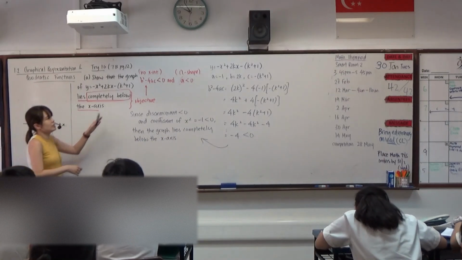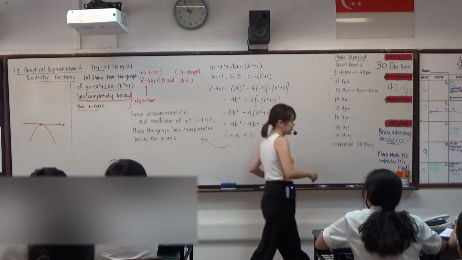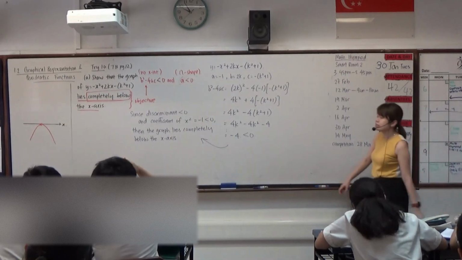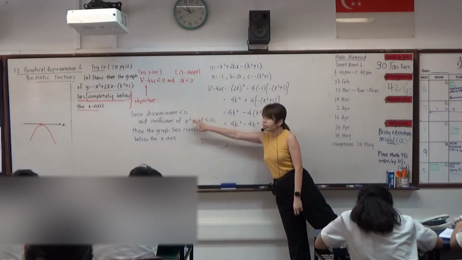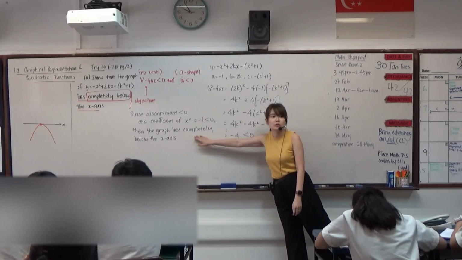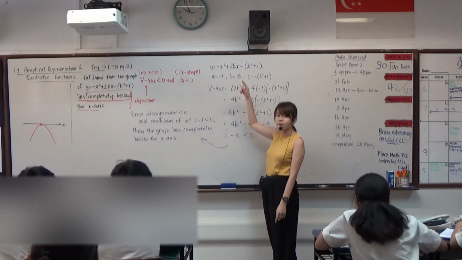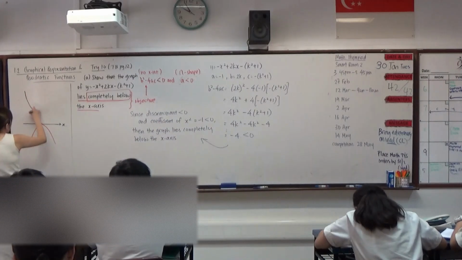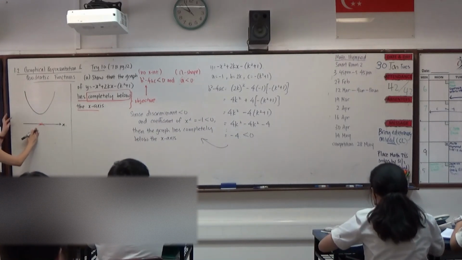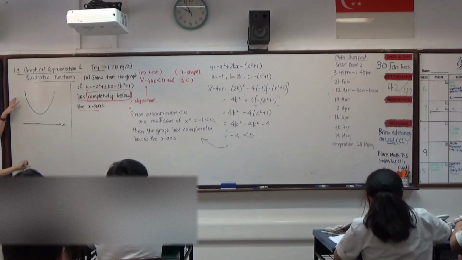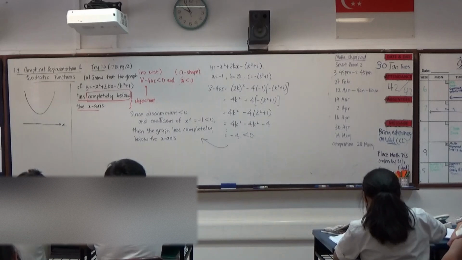So there are two conditions, and we must specify both. Just by saying discriminant less than 0 doesn't justify that the graph lies completely below. Because when the coefficient is positive, when it is a U-shaped curve, like that, discriminant less than 0 and U-shaped, it looks like that, but this is not completely below the x-axis.